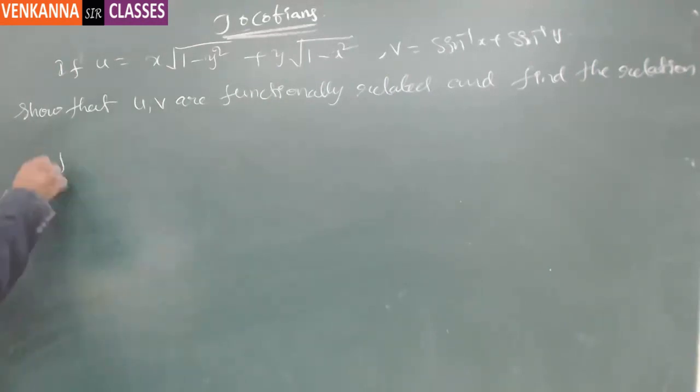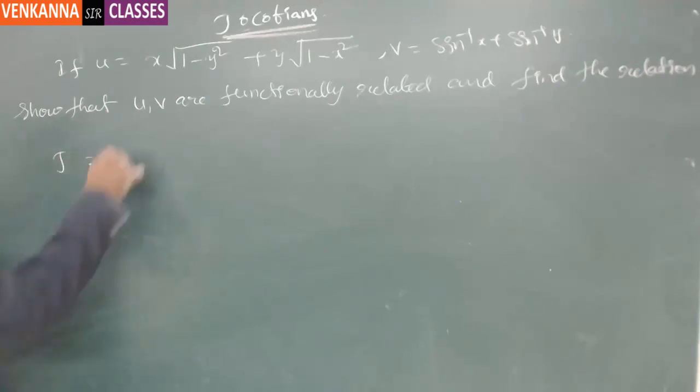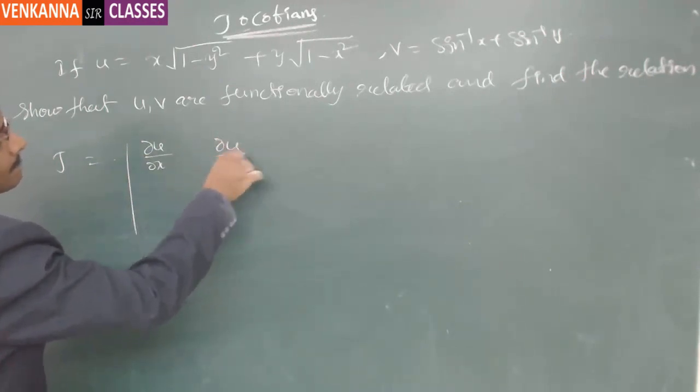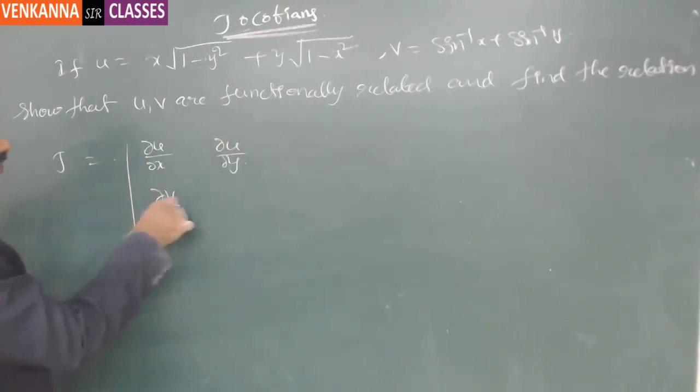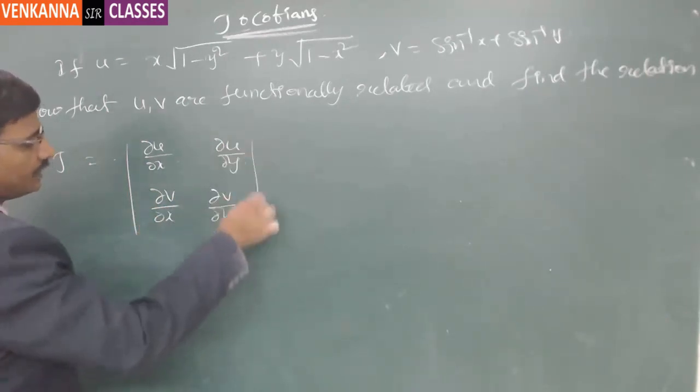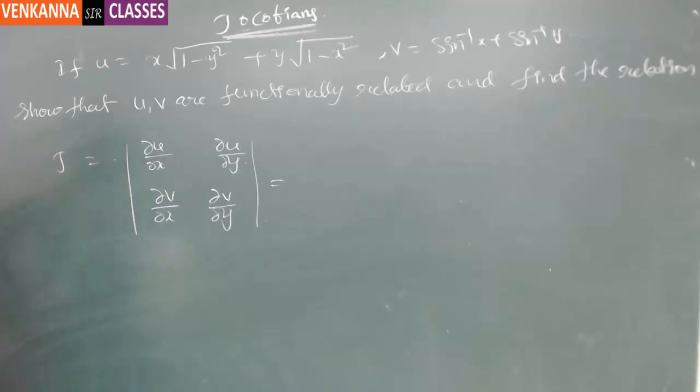So J is nothing but modulus of dou u by dou x and dou u by dou y. Similarly, dou v by dou x and dou v by dou y. Find the determinant of this and then check if it is coming out to be 0. Yeah, great.